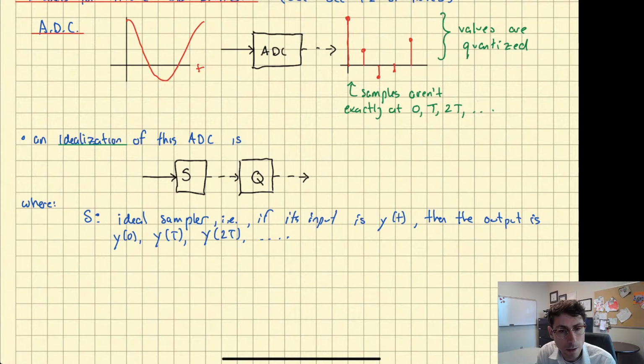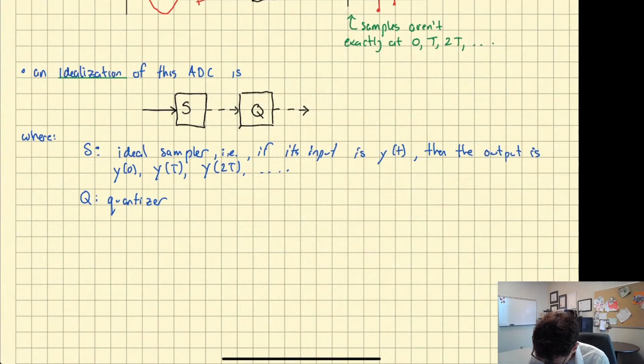Okay. On the other hand, the quantizer is the nonlinearity in the ADC. And so if you were to draw the graph of the quantizer, where this is the input to Q, and this is the output, it looks like a staircase.